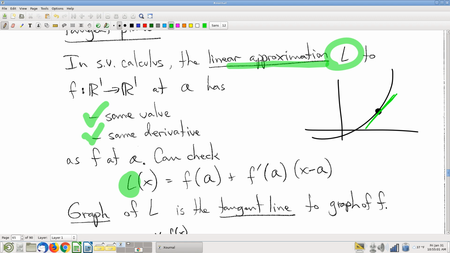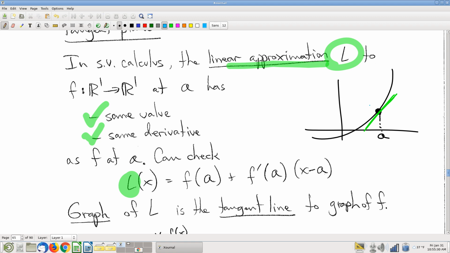The linear approximation is a function that's at the same place that f is at some point A. It's at the same place, and furthermore, it's going in the same direction as f. It's the closest linear ripoff of the function.